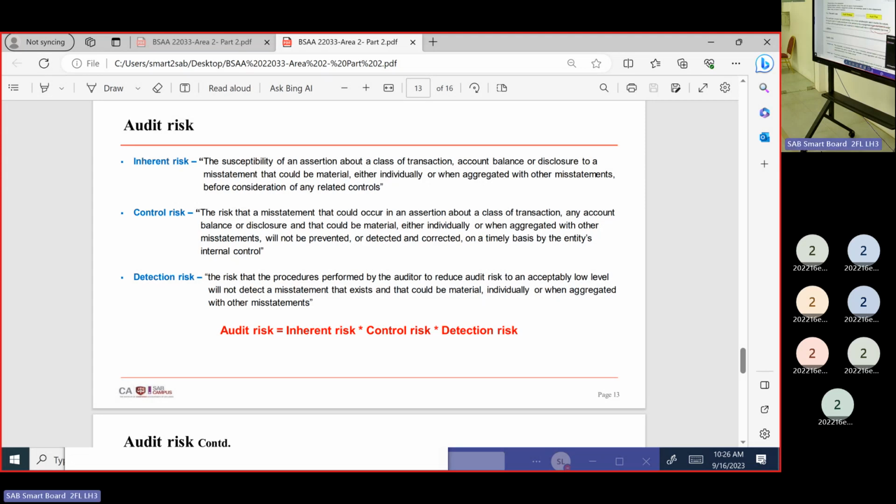Dealing with a gold manufacturing company, you don't have a safe. It means you have inherent risk, you don't have control. It is a higher risk.